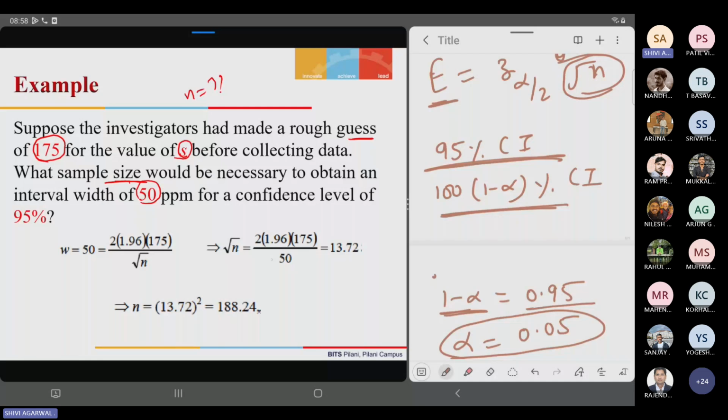And in that one, we are finding that n is equal to 188.24. So it always comes out more than 40 actually. Alpha is not equal to 95 by 100. That is 0.95.